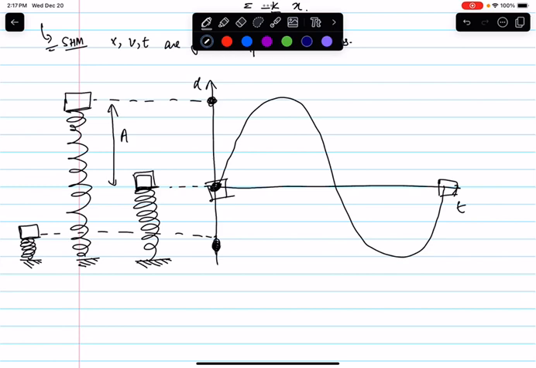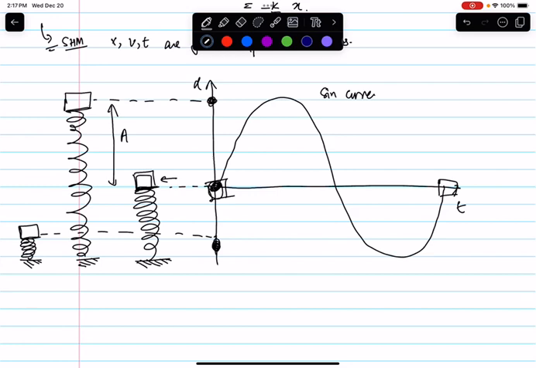This is one complete oscillation that we can see. So this is similar to a sine curve, right? So what you would be seeing for a sine curve is that we start with the equilibrium to be our original position.